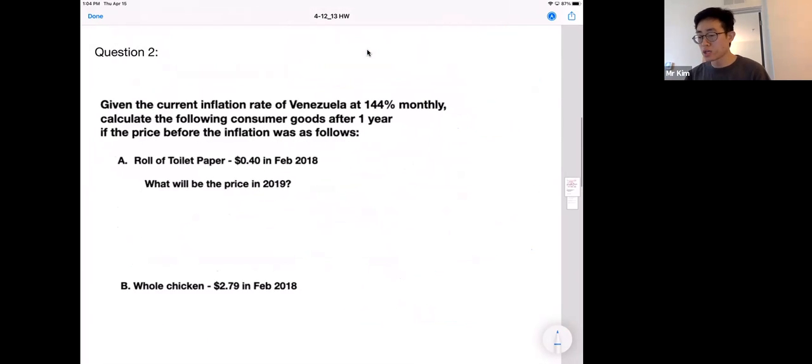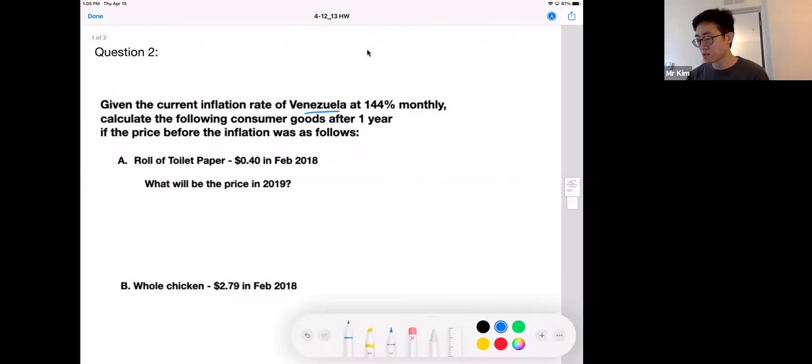Question number 2, given this current inflation rate at Venezuela, now this was an actual current event back in 2018, 2019. The inflation rate for Venezuela it's just ridiculously high because obviously they printed more money than it's actually worth.